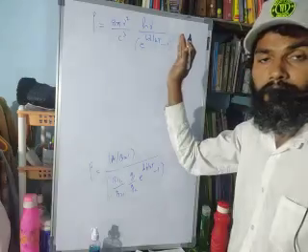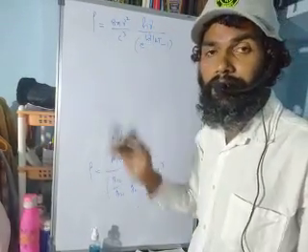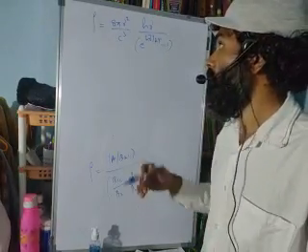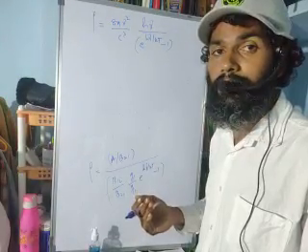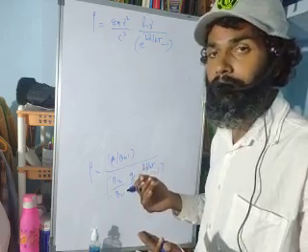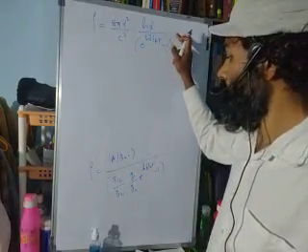This is from the topic of black body radiation, explained by Max Planck after considering that energy of light is quantized as photons. This is the expression which he got.